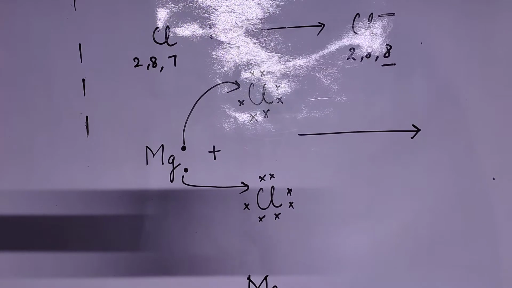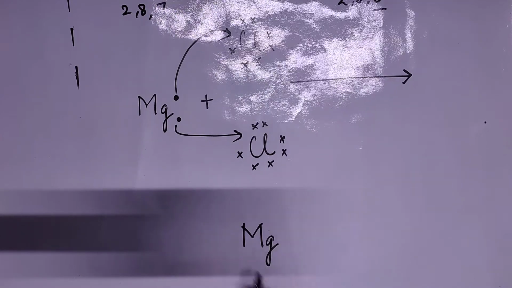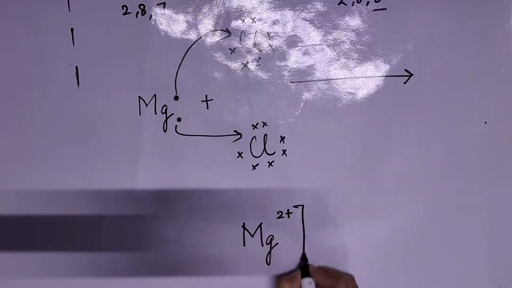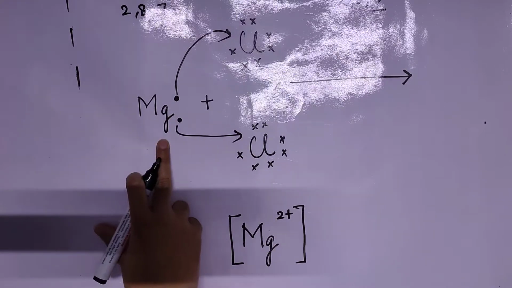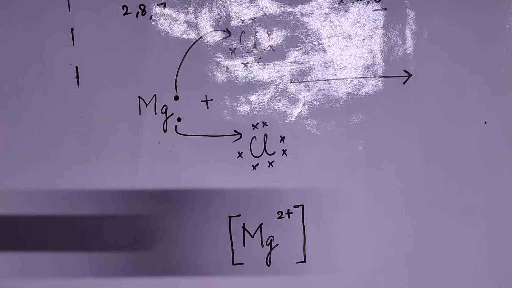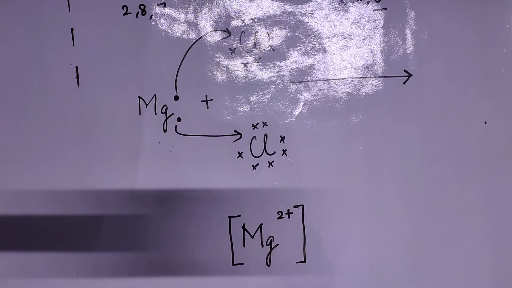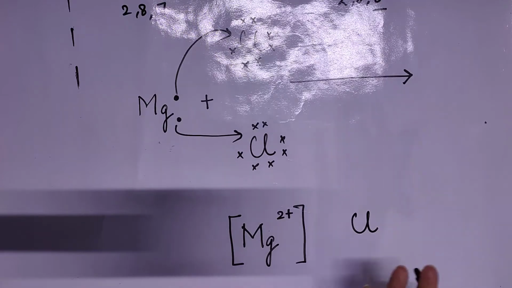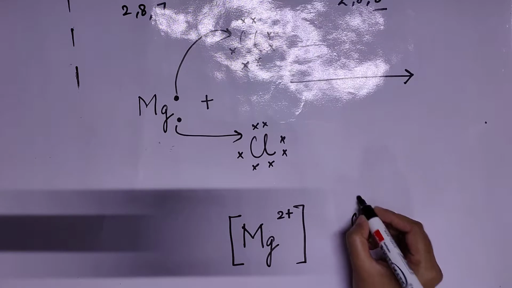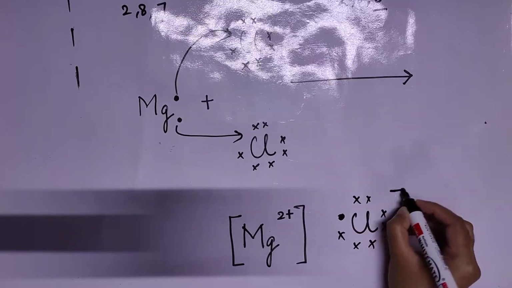So for magnesium, after losing 2 electrons, it will develop 2 positive charge. Here we are not going to show any valence electrons, because in the first step we have shown that magnesium has 2 valence electrons, which it has already transferred. That is why it has developed 2 positive charge. Then for chlorine, that means for the chloride ion, upon gaining 1 electron, the chloride ion will acquire 1 negative charge.